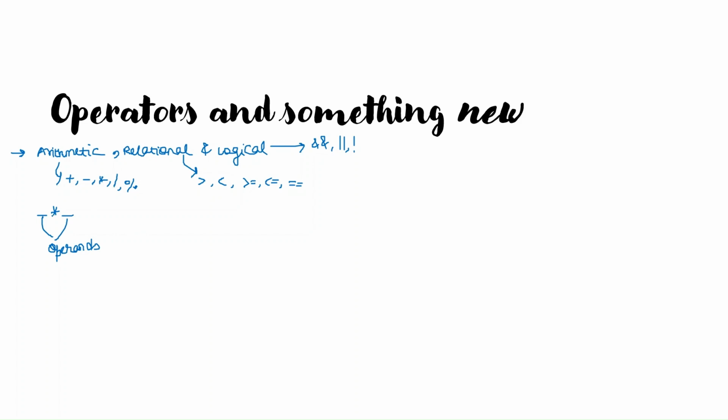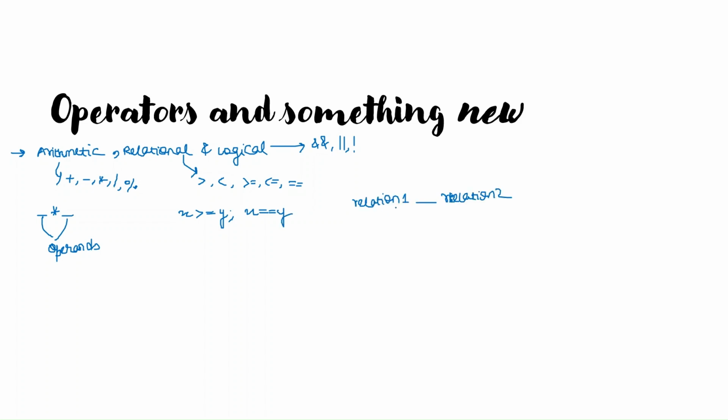Now, be it a multiply sign or a divide sign or a modulo sign, or any kind of relational boolean condition where you need to check if x is greater than equals y, there you can use relational operators, or like x is equals y, there you can use relational operators.